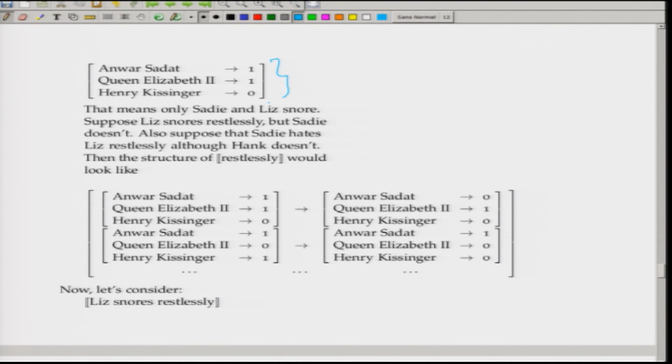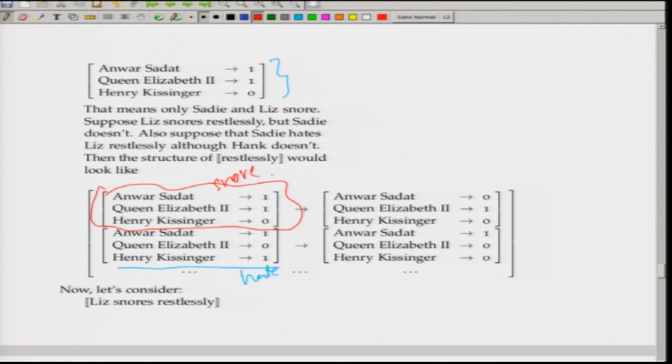So, then the structure of restlessly would look like this. This is the hate part, and this is the snore part. Can you see this is actually the snore function? I will talk about this later.